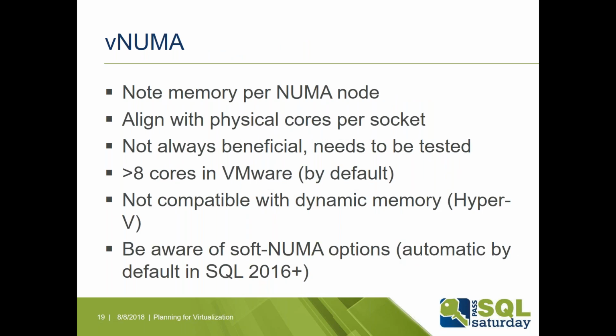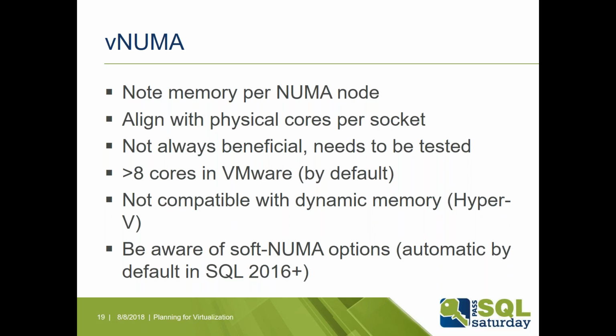Okay, so I've mentioned virtual NUMA quite a few times, so I'll delve into it a little bit deeper here. As I mentioned, it's not compatible with hot add CPU. So if this is a feature that you feel you will need, you can't use virtual NUMA.